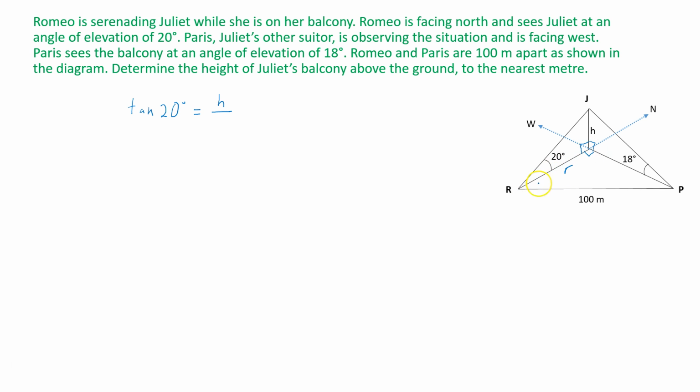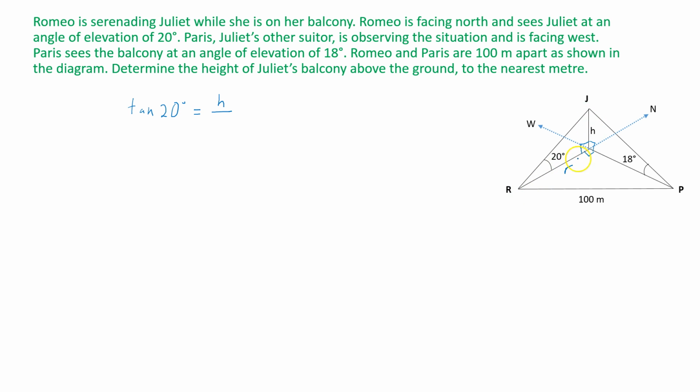Okay, so this length here, the length that Romeo is away from, I think it's a tower. So Juliet was in a tower. There was a balcony in that tower, or let's just assume that it's a tower. It could be any building really.